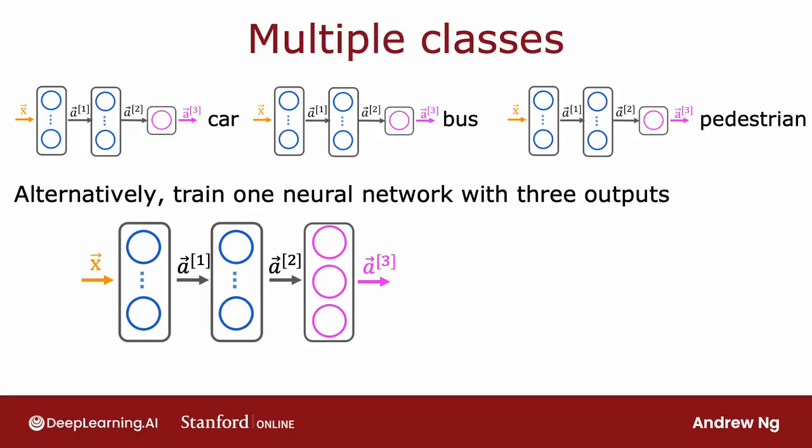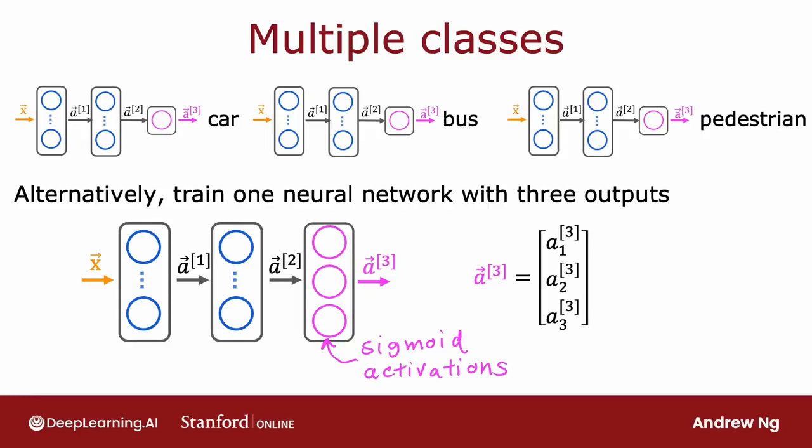And because we're solving three binary classification problems, so is there a car, is there a bus, is there a pedestrian, you can use a sigmoid activation function for each of these three nodes in the output layer. And so A3 in this case will be A3_1, A3_2, and A3_3, corresponding to whether or not the learning algorithm thinks there's a car, and or a bus, and or pedestrians in the image.